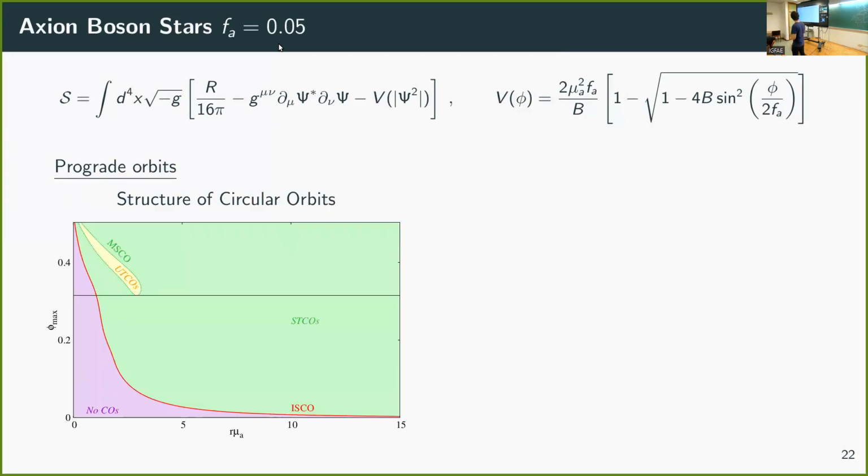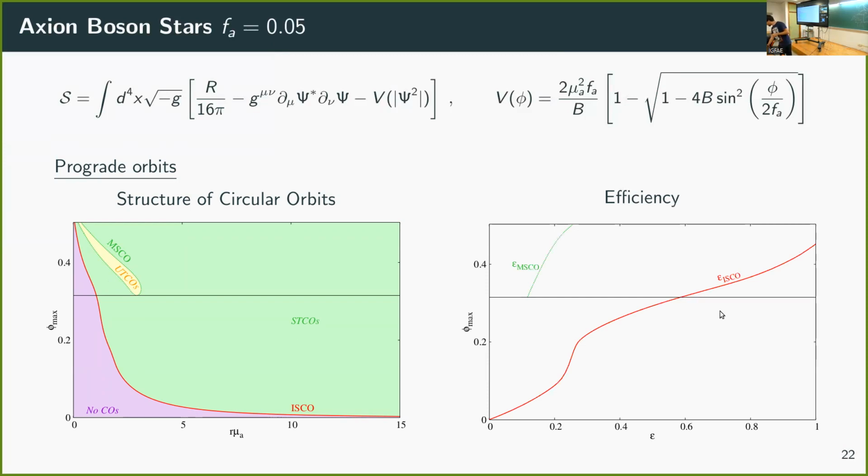So looking at the structure of circular orbits for the prograde case, we see more or less the same as we saw for the mini boson star case. The only difference, or the biggest one, is that this region of instability appears sooner. And with that, again, the efficiency at the ISCO increases monotonically as you go from the dilute region to the more compact region. Although now it has some more curves, it's not almost linear as it was for the mini boson star case.